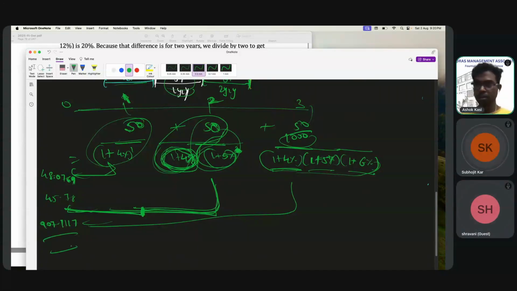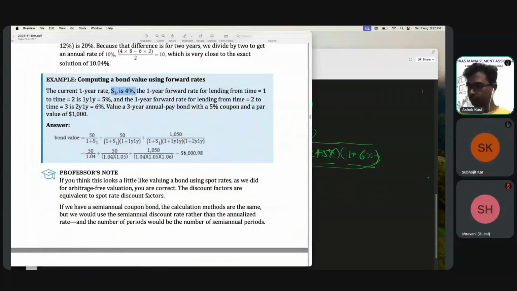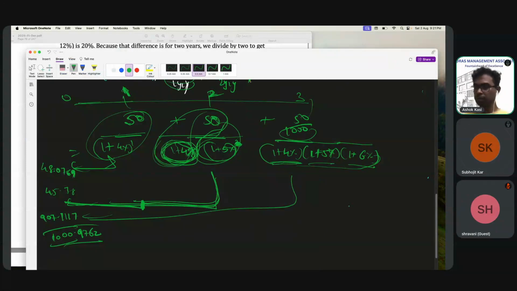Now you add all this: 1000.9762, about 1000.98. Okay, understood this one. This is using forward rates.